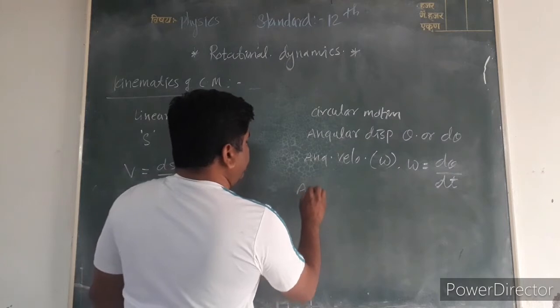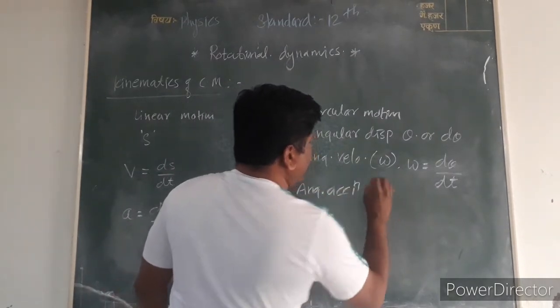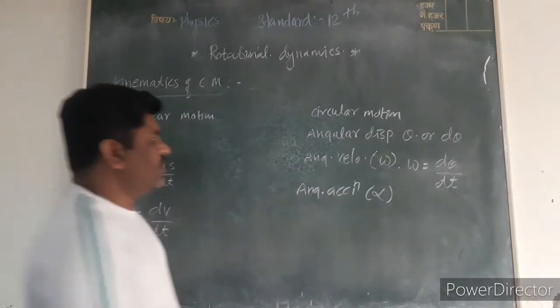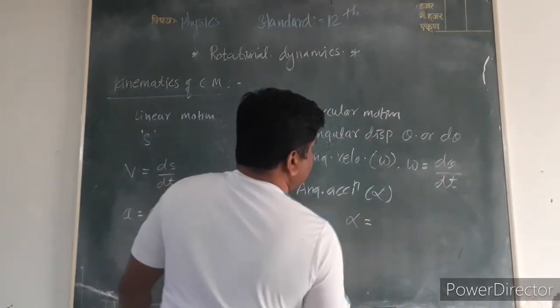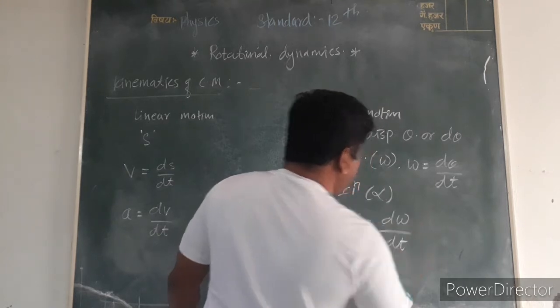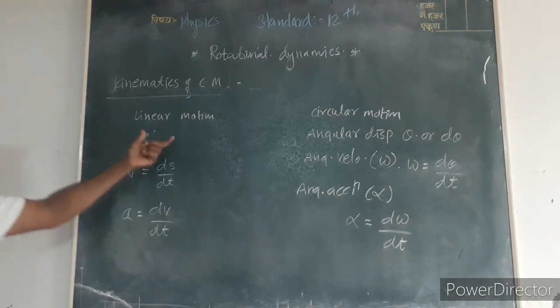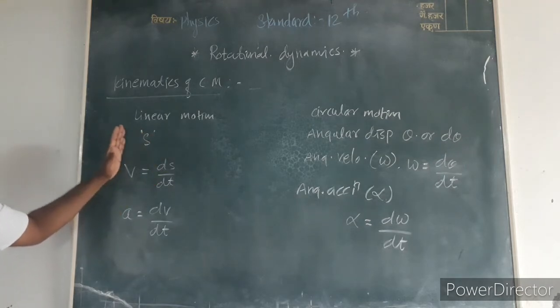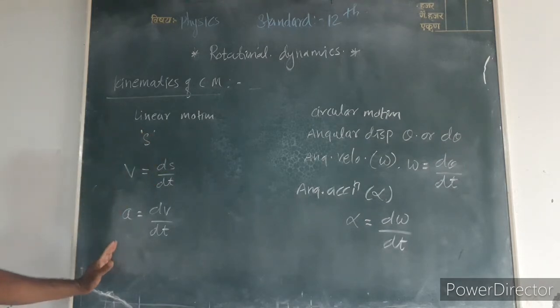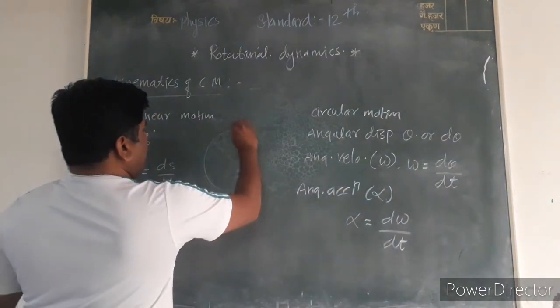And angular acceleration, it is denoted as alpha, and this alpha is given as d omega upon dt.